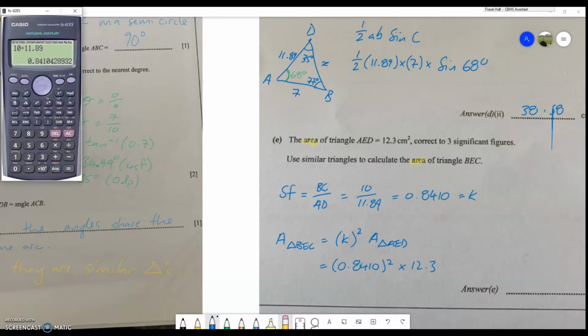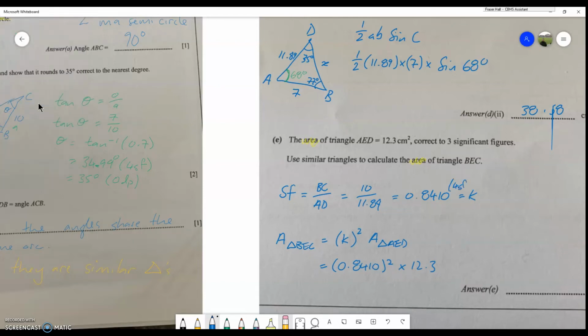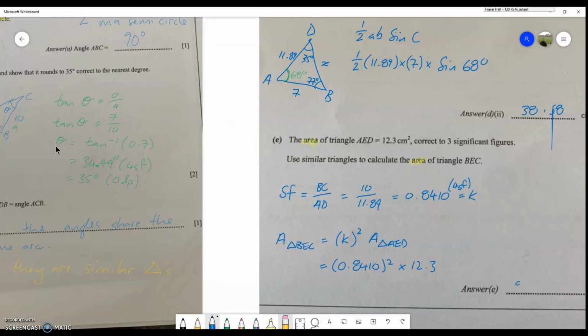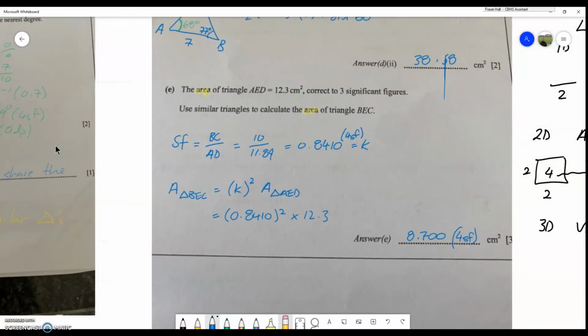So we can do that on our calculator. We can take that answer and square it. It's probably worth pointing out that's 4 SF. Take that answer, square it, and then times 12.3, which gives us our answer, 8.700 to 4 SF. Okay, and then that's our final answer.